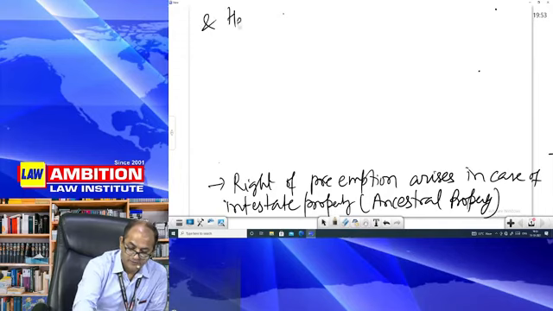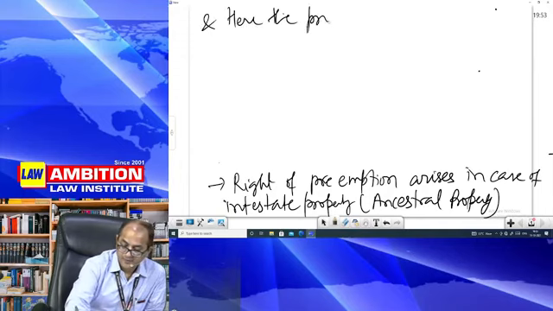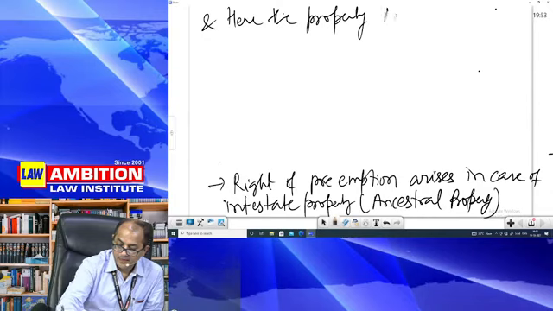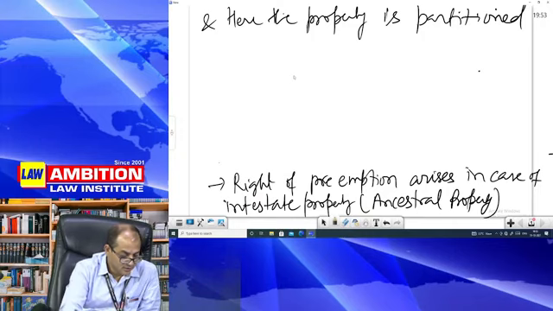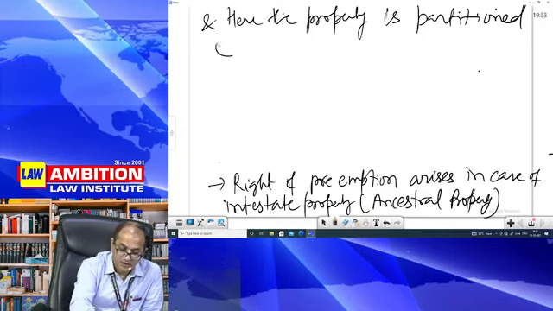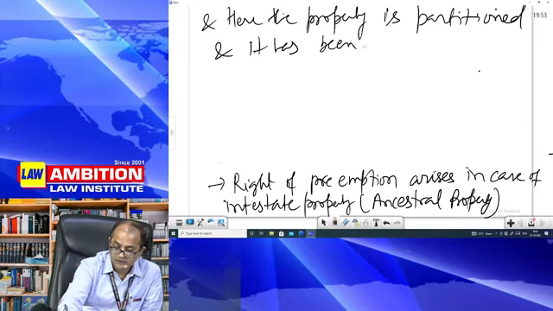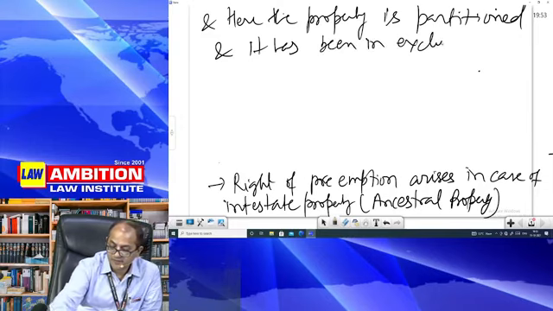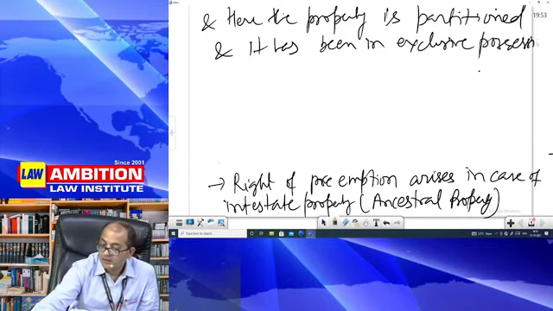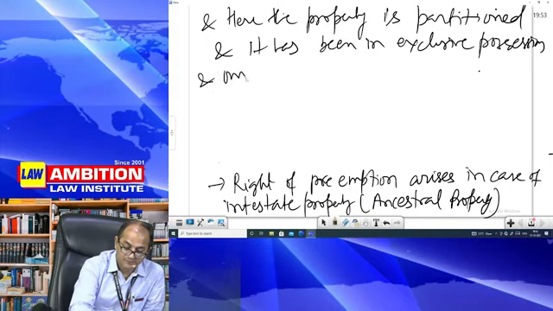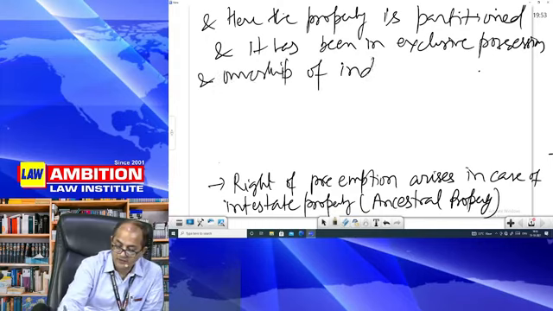And here the property is partitioned and it has been in exclusive possession and ownership of individuals.